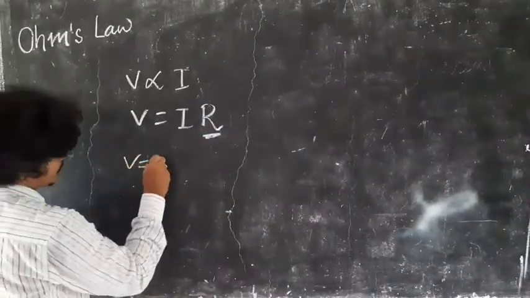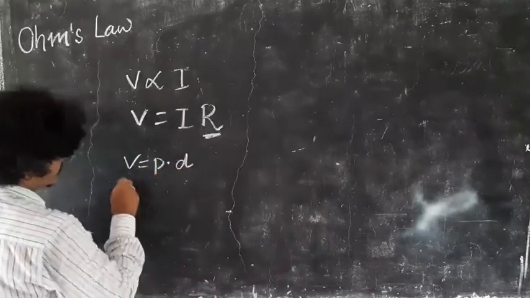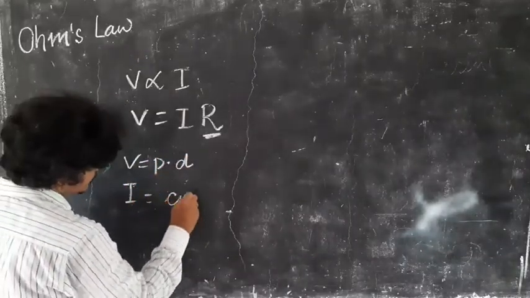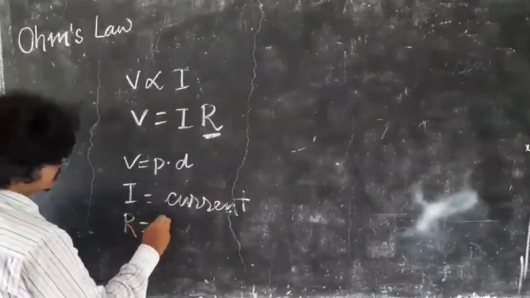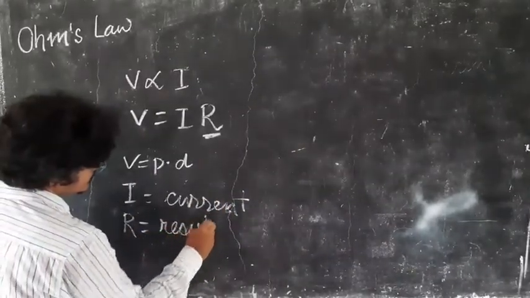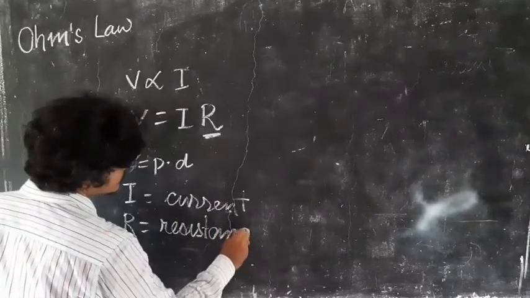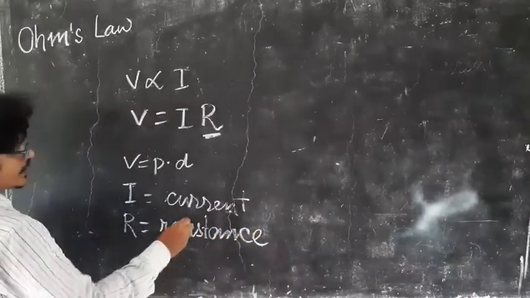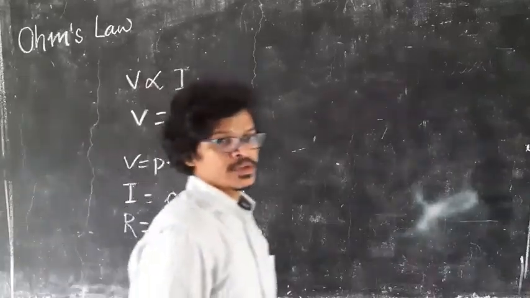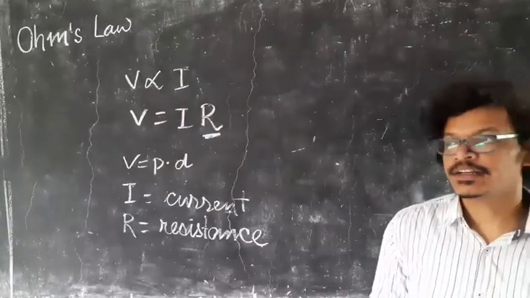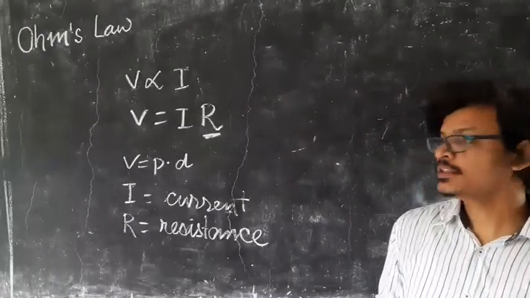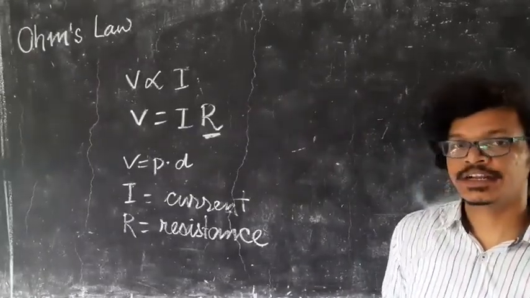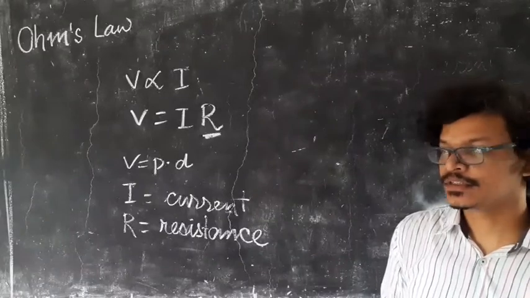V is potential difference, I is current, and R is resistance. So Ohm's law states that current is directly proportional to the potential difference.